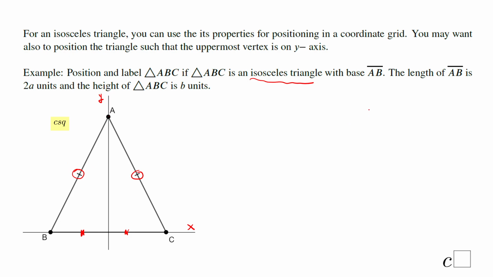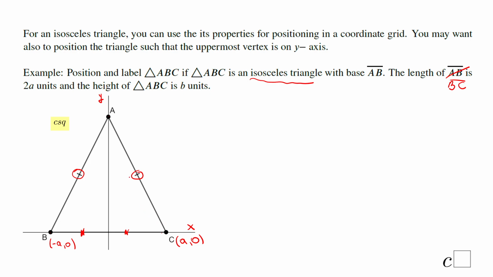I think I should have said here the length of BC. Yeah, the length of BC is 2A units, which means this point here, C, is at A and 0, and this point B here is at negative A and 0. Now the distance between B and C will be 2A units.